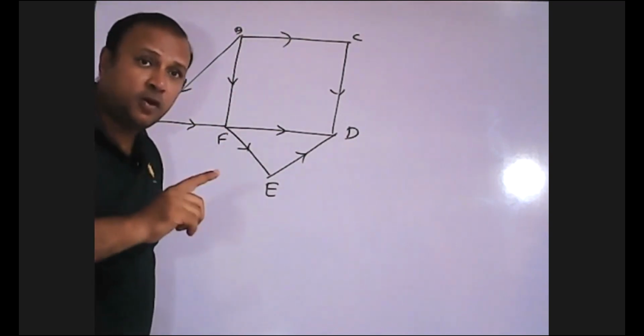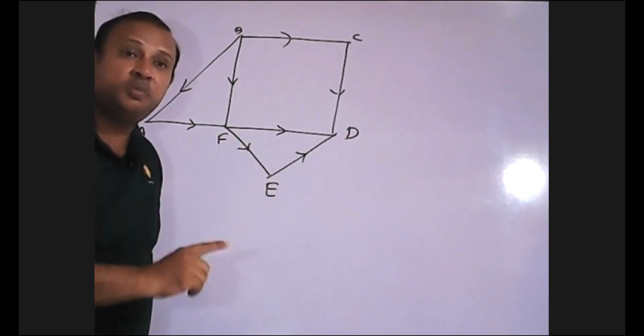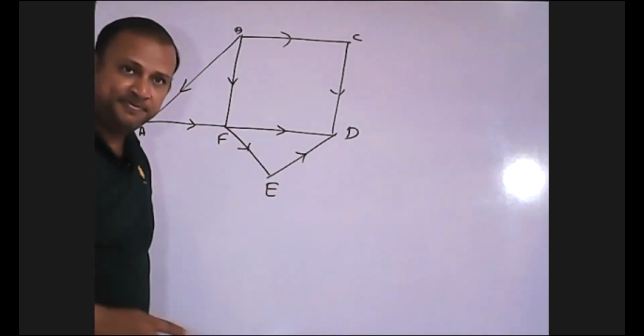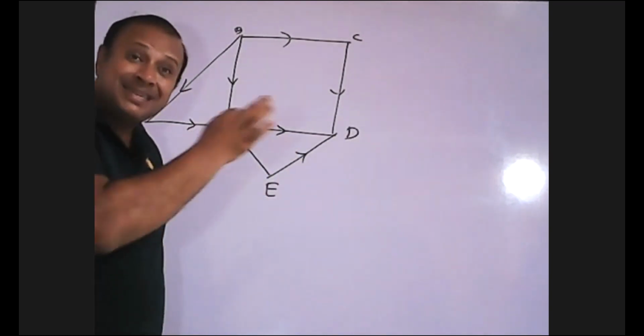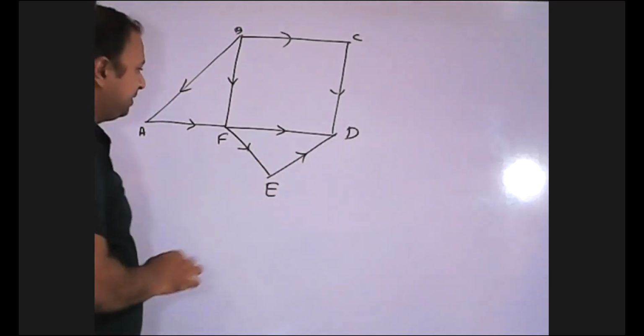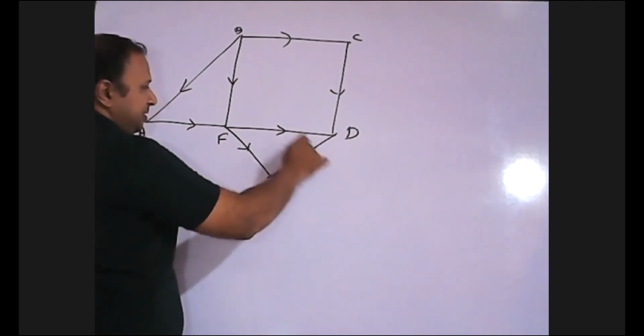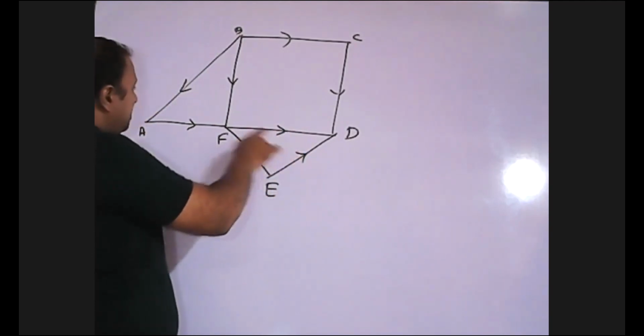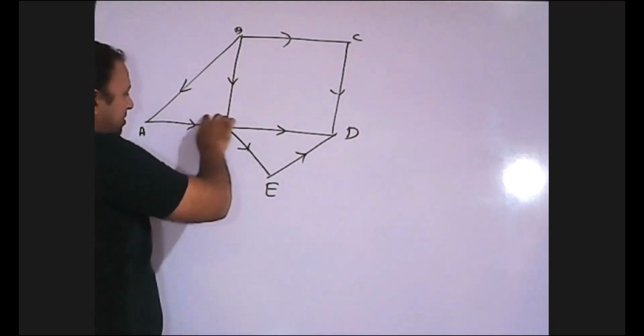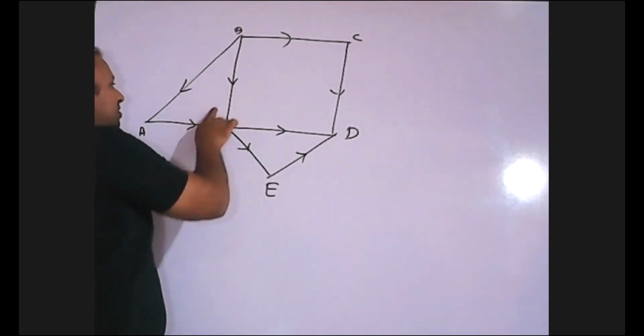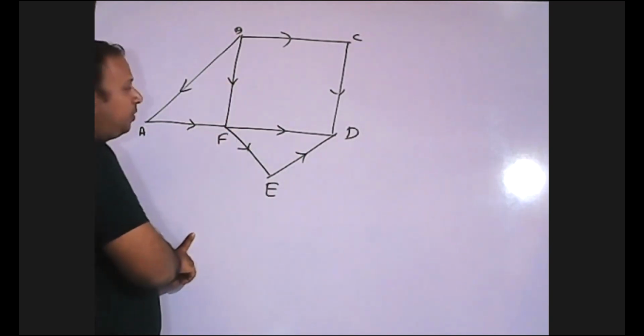If it is a closed loop, all the forces should be in the same order. But if you take these two forces, they are in the same order, but this one is in the opposite order.